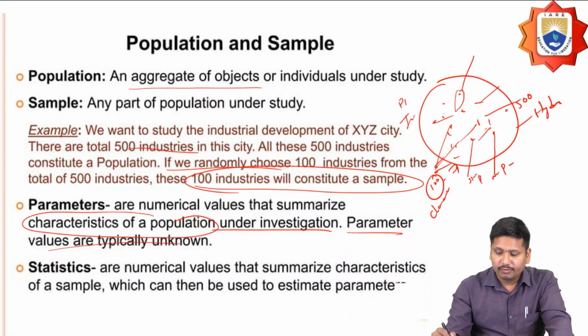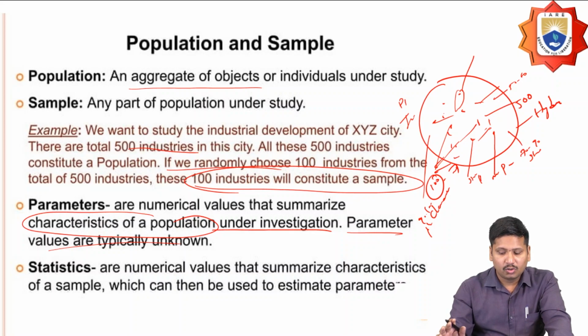There may be some 50 to 60 iron industries, and then 70 to 90 steel industries, and then 90 to 100 pharmaceutical industries, like this. So at that time I have to decide the parameter, but I don't know the exact value of what it is.